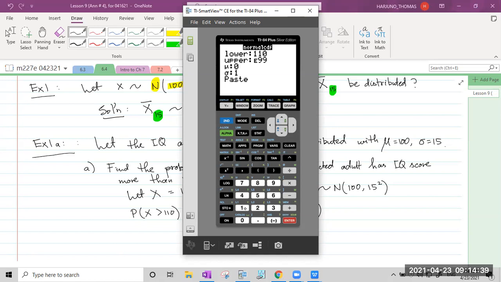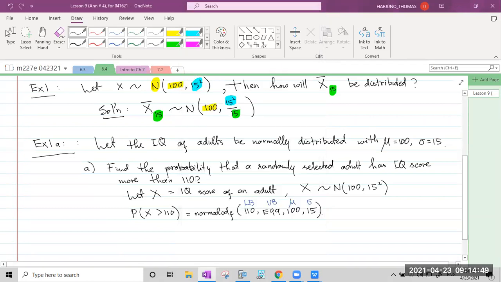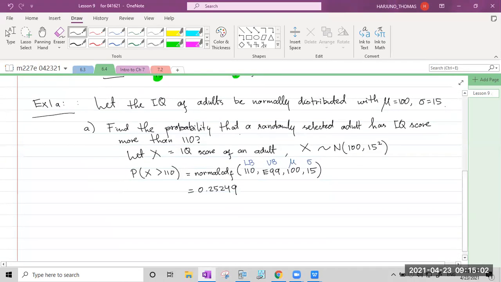The mean is 100. Standard deviation 15. The probability is 0.25249. That's the probability that one randomly selected adult has an IQ score more than 110.